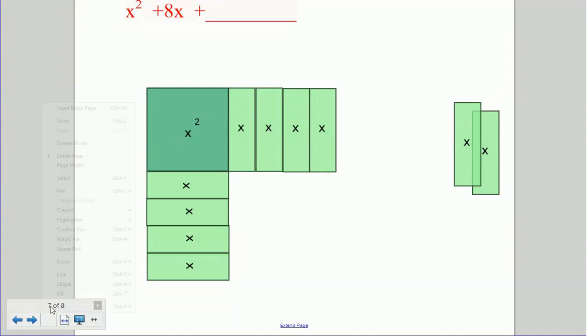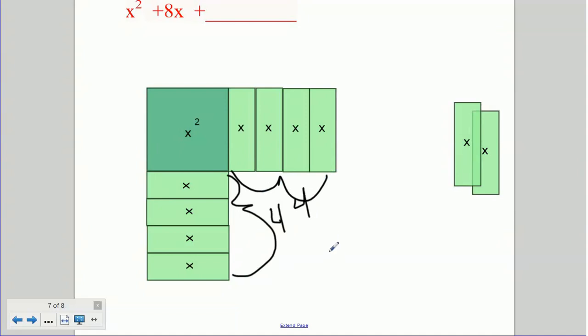Now, without having to draw a whole bunch, let's think how many little ones it's going to take me. Well, to fill up this side, it's going to take me 4, and this is going to take me 4 as well. So would you agree that I can go 4 times 4 to find how many little ones it's going to take me? It's going to take me 16 little ones, because every row would need 4, and I have 4 rows. So 4 times 4 is 16.